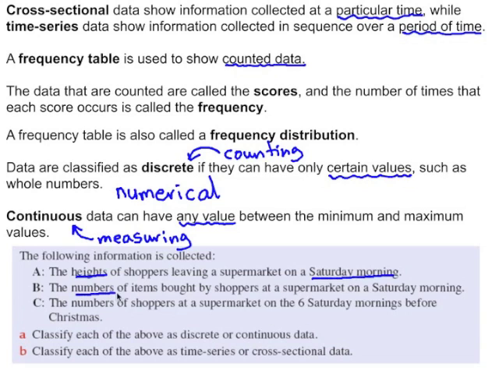Secondly, we have the number of items bought by shoppers at a supermarket on a Saturday morning. And finally, the number of shoppers at a supermarket on the 6 Saturday mornings before Christmas. So just pause the video and write down A, B, C, and for each one, discrete or continuous, and time series or cross-sectional.